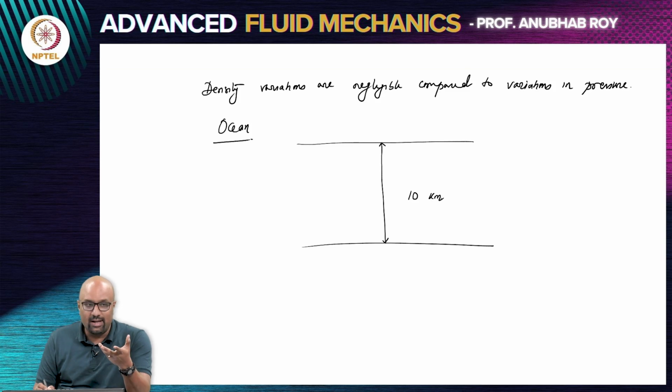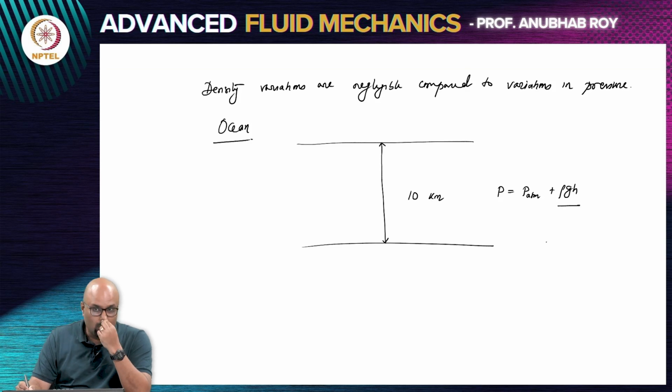We haven't formally written down the equations of motion, but I am assuming you are somewhat familiar with hydrostatic equations. The hydrostatic equation would tell us that at any depth from the surface, the pressure would be the surface pressure, which if I say is atmospheric pressure, plus rho g h, where h is the depth from the surface.